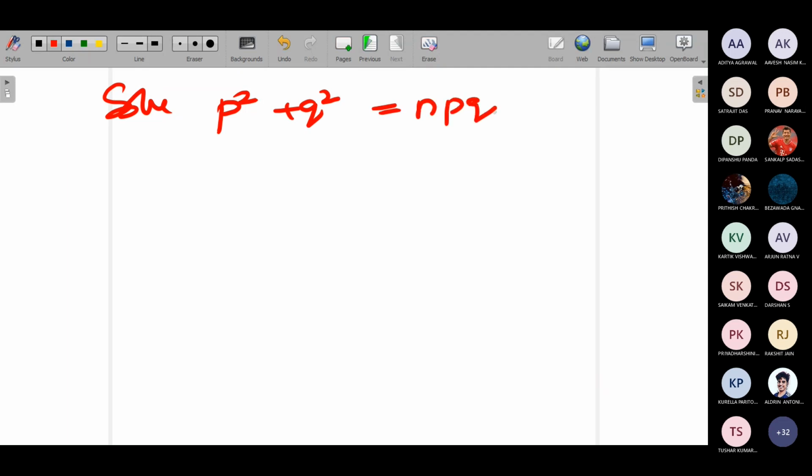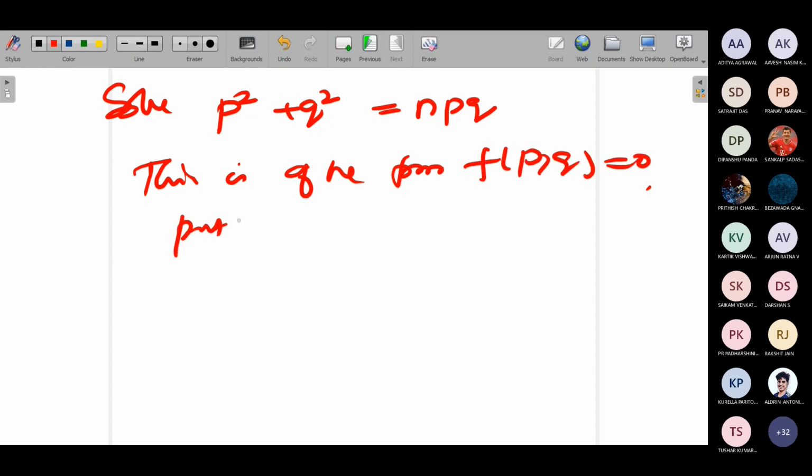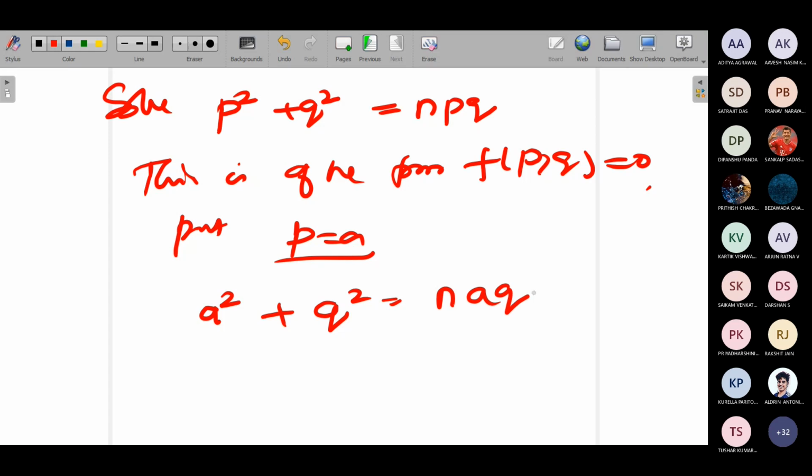Again, this is of the form f of p comma q equal to 0. So put p is equal to a. So what will happen? You'll get a square plus q square is equal to n a q. Okay, a square plus q square is equal to naq.